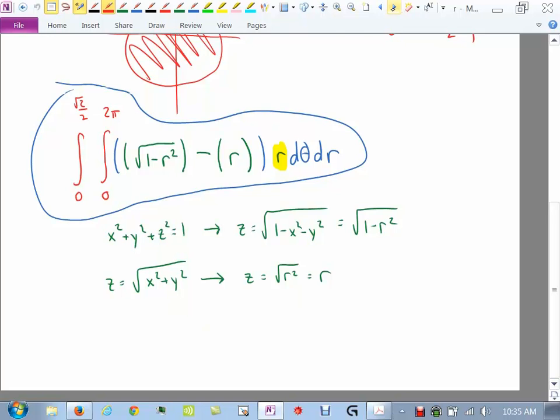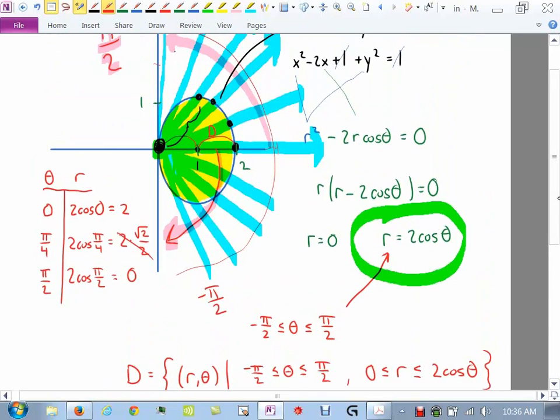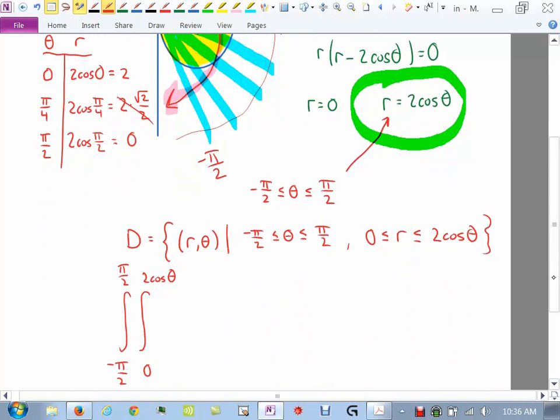I thought I'd used 9. Or, yeah, 81. Here it is. I believe 3 is the radius. So if the radius of the sphere was 3, then we would have 9 minus r squared here, and then we would have had the r, and then dr, and then d theta. So you have to figure out that integral.